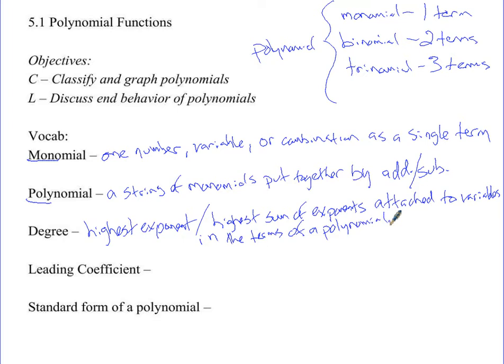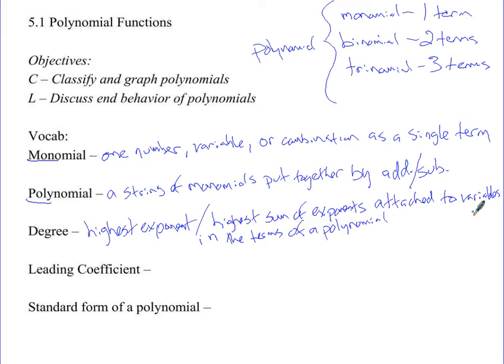So it's the highest exponent in the term, or if you have more than one exponent in a term, you add the exponents together. The highest sum of the exponents attached to the variables in the terms of a polynomial gives you the degree. Whatever the highest number is that you get would be the degree.